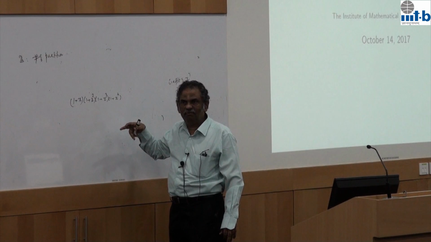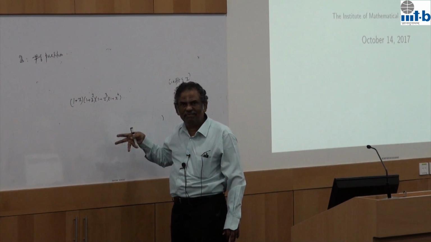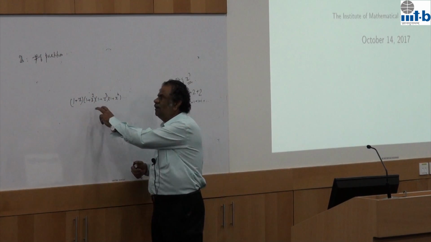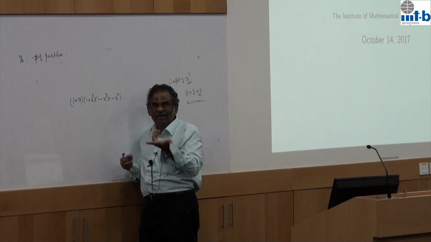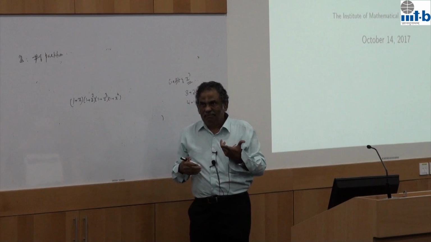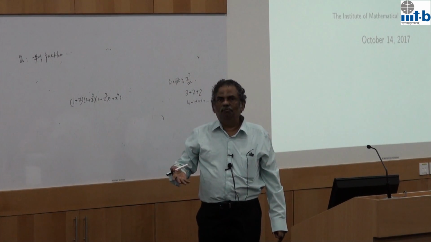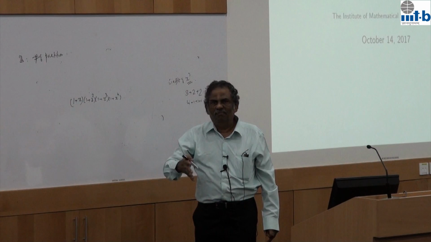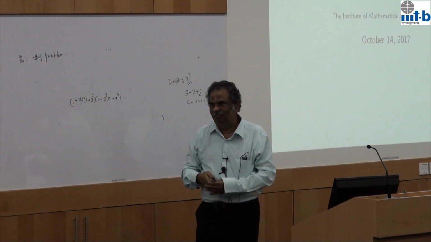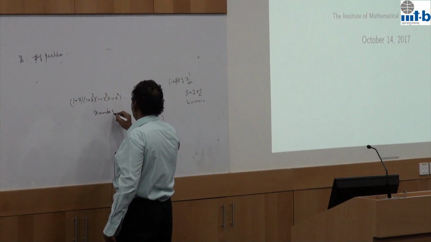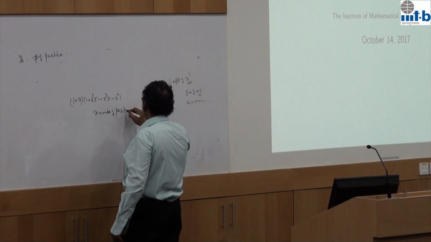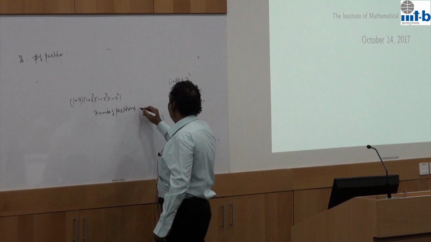The main difference between the previous case and this case is that whatever terms I am taking from different brackets, their powers will be distinct. Correct? That's the only difference essentially. Therefore, this will give you the number of partitions where the summands are distinct.